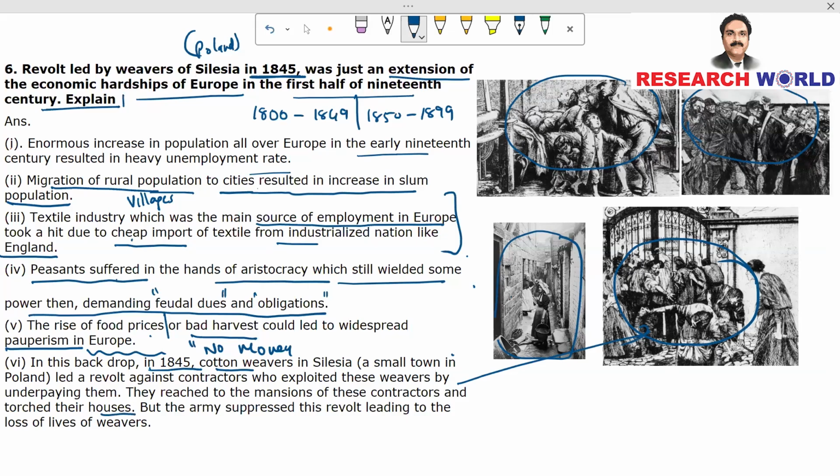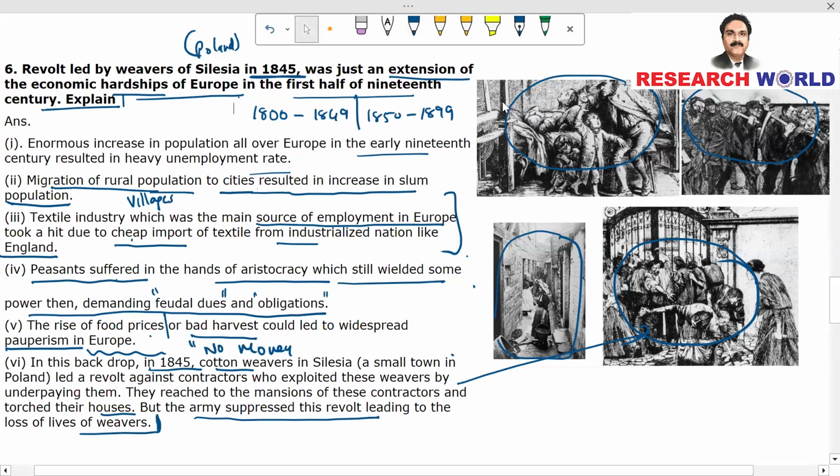But the army suppressed this revolt, leading to the loss of lives of weavers. So the revolt led by weavers of Silesia in 1845 was just an extension of the economic hardships of Europe in the first half of the 19th century. Okay, so we have got 6 points.